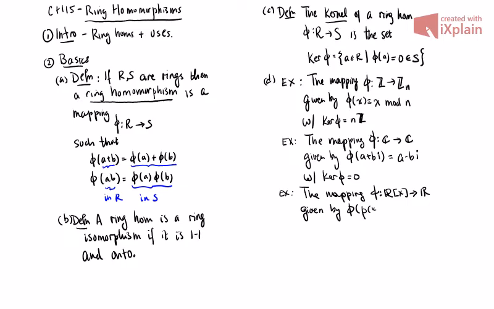I take a polynomial and plug in 2. This has kernel everything that goes to 0, in other words, everything for which p of 2 is 0. This is all the polynomials with p of 2 equals 0, which is the same as saying all the polynomials which have x-intercept at 2. So those three are fairly easy to see.